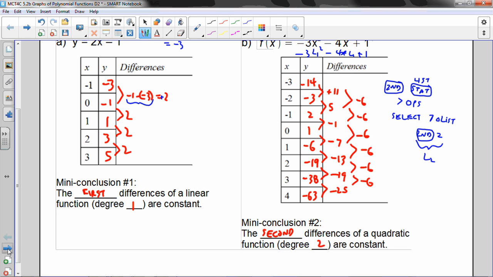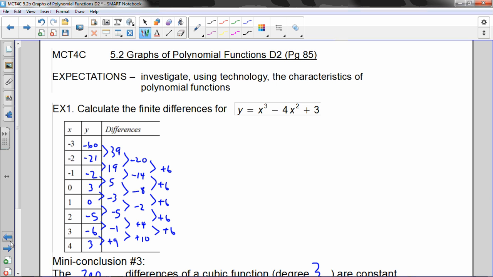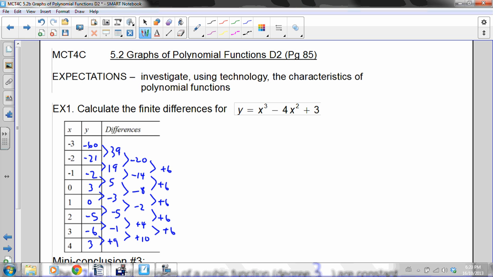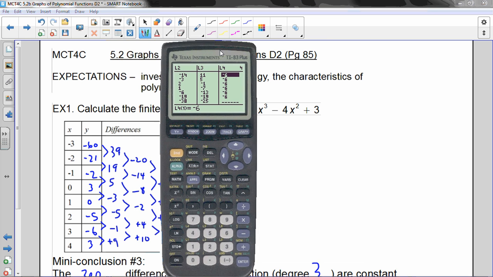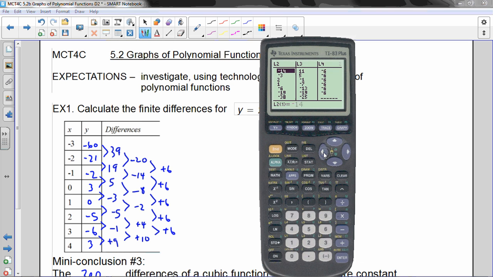But if we extend this now, and that's the lesson today, if we extend that, calculate the finite differences for this. And notice I've done that. I'll go over the steps real quick. Wherever you are, you go stat 1 to get into the lists, and those aren't the values I want.